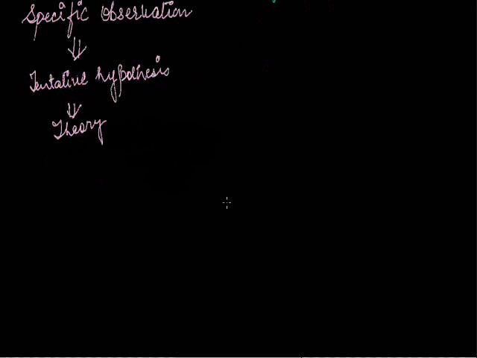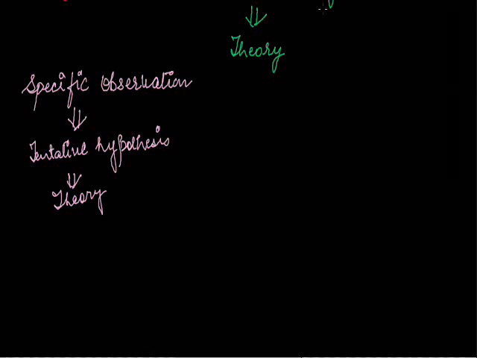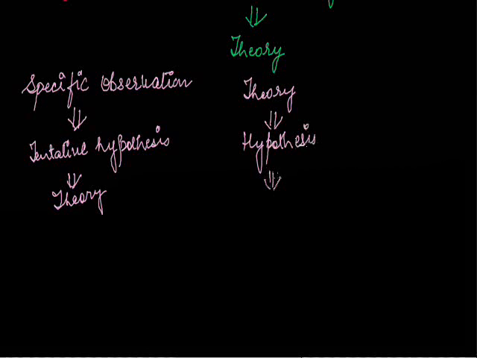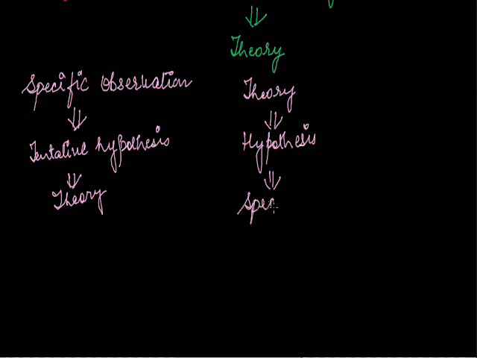Whereas in the second type of reasoning, we have a theory, then we make some hypothesis, and then later we make some specific observations.